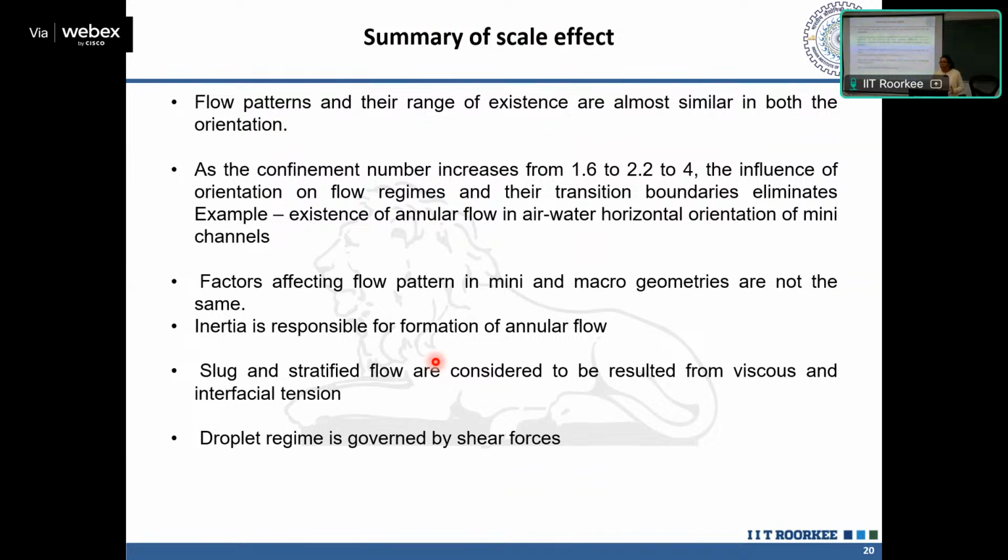As the confinement number gradually increases, when you plot the flow patterns, the ranges of existence are similar for horizontal and vertical. I'm not saying there is no effect of orientation, but as you increase the confinement number, the orientation effect disappears. Majorly, when you move to 0.65, it is inertia-driven annular flow that we have seen in both orientations.